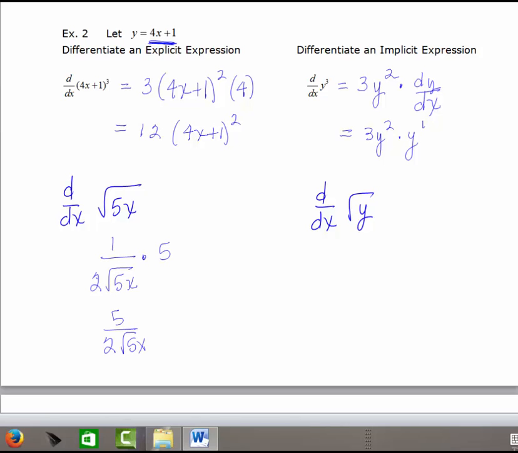Over on the right, we want to take the derivative of the square root of y. It's going to be 1 over 2 square roots of y times the derivative of y, and since we don't know what y is in terms of x, then we just use dy dx or y prime.